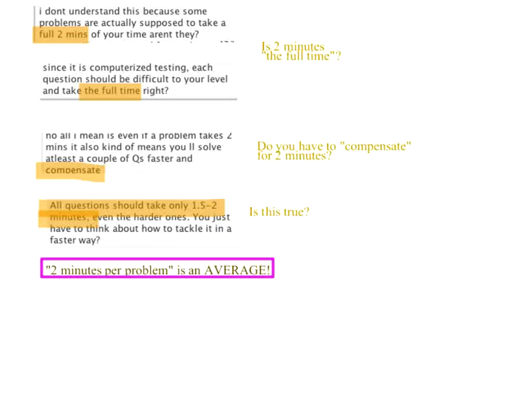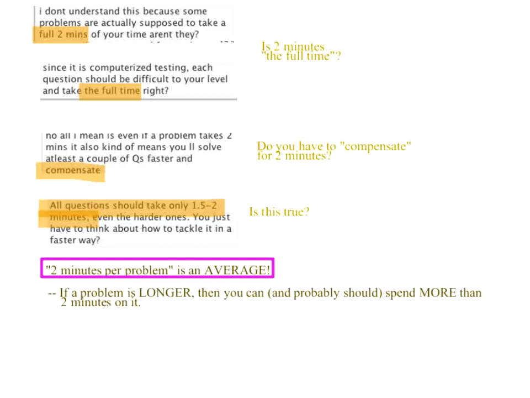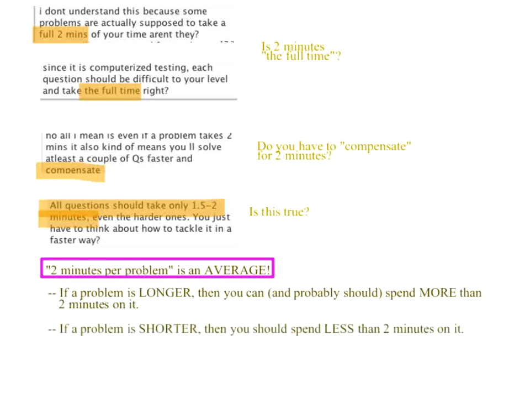But the point is that if a problem is longer, you can and should spend more than 2 minutes on it, unless you're stuck. And if a problem is shorter, then you should spend less than 2 minutes on it, like word problems.